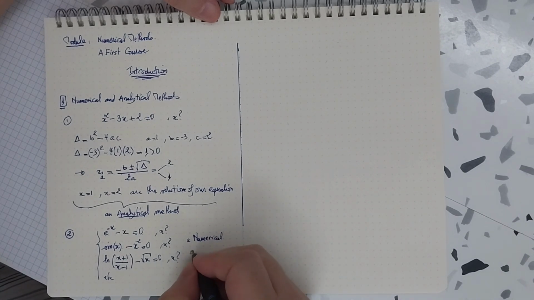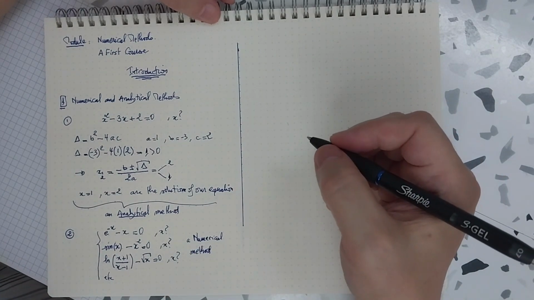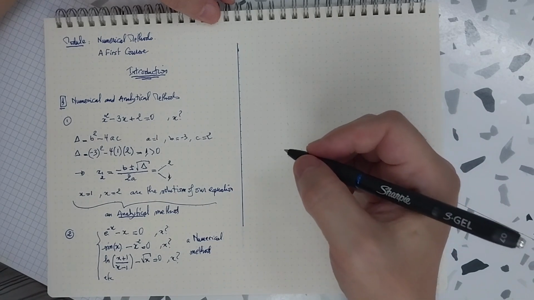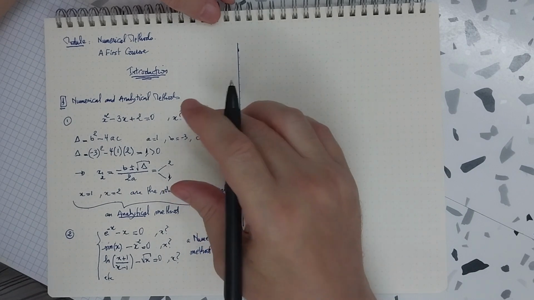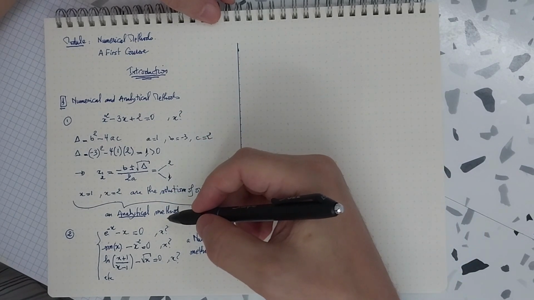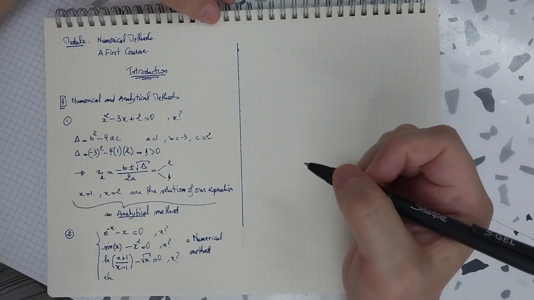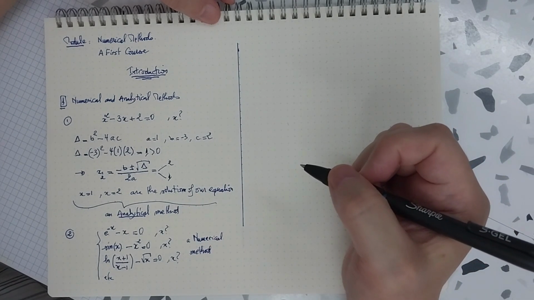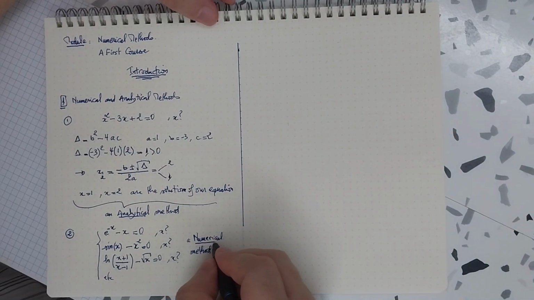A numerical method is more general and can solve all kinds of problems for a given topic that an analytical approach cannot solve. Another important feature is that in a numerical method, you will never find the exact solution.